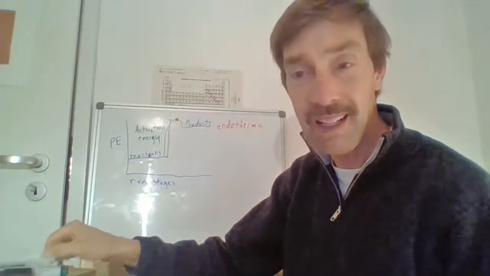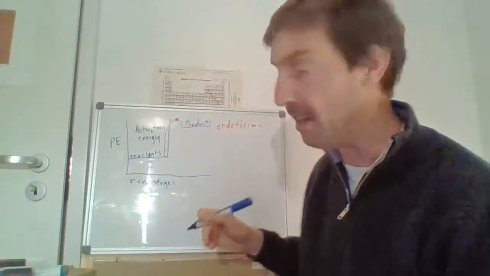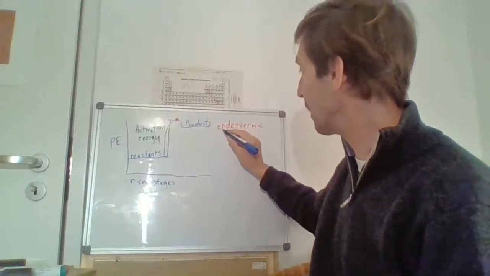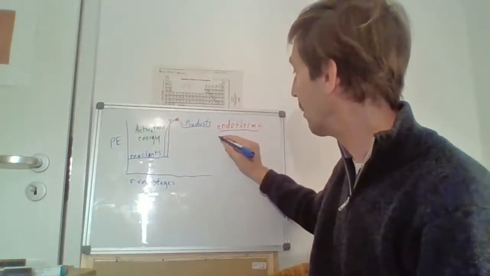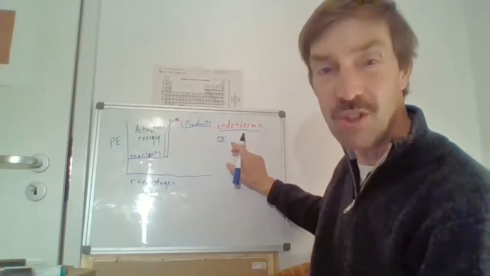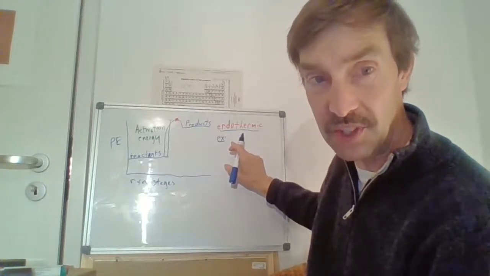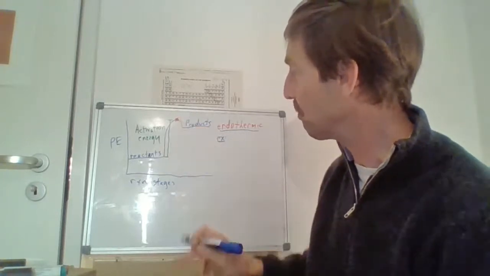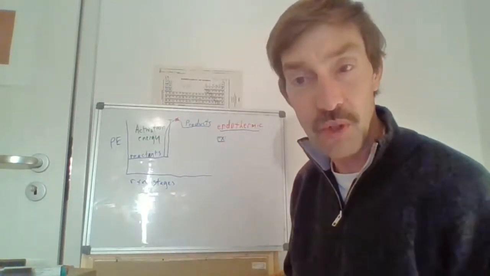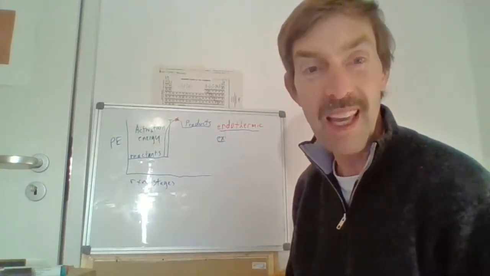Okay, I got an open-ended question. Yes, exactly, Aaron. Right. The open-ended question is, can you think of any endothermic reactions or processes where this would be happening? In other words, what sort of reaction could this represent that would be endothermic?